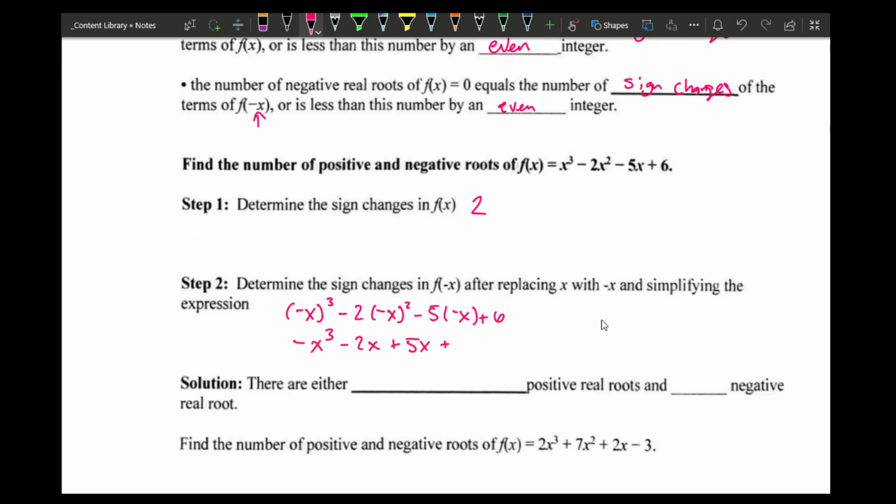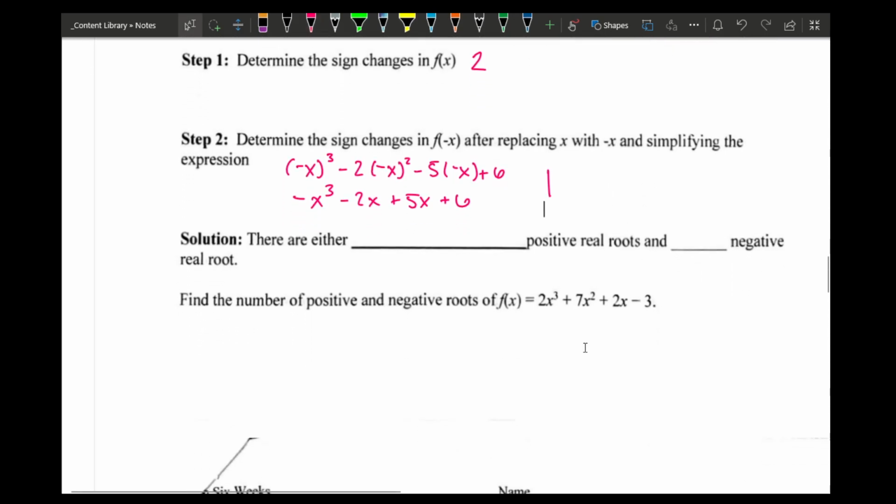And it's a constant, so we don't care. This is negative, so negative, negative. One sign change. I definitely have one negative real root. I can have less by an even number, but 1 minus 2 gives me -1, and that's nonsense. So I definitely have one negative root, and I either have 2 or 0 positive roots. That's how you do this. It's just counting.